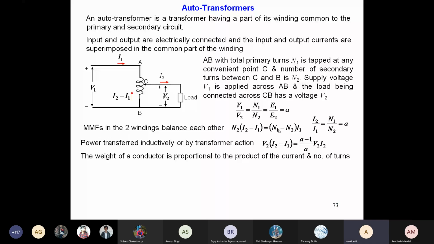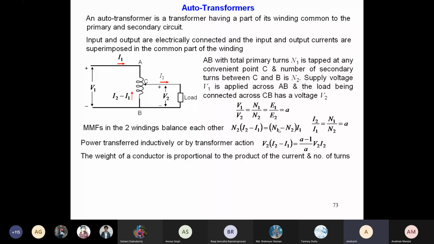If you compute, the weight of a conductor is proportional to its volume, L into A. Ultimately, if you relate it to the current, in the case of a transformer, L will be proportional to the number of turns, and the area will be proportional to the current, because the larger the area, the smaller is the resistance and the larger is the current.